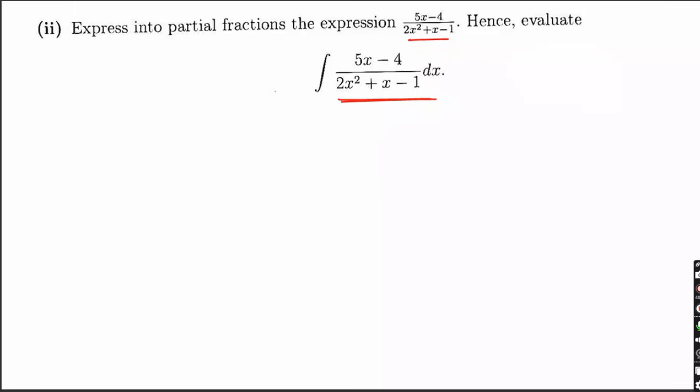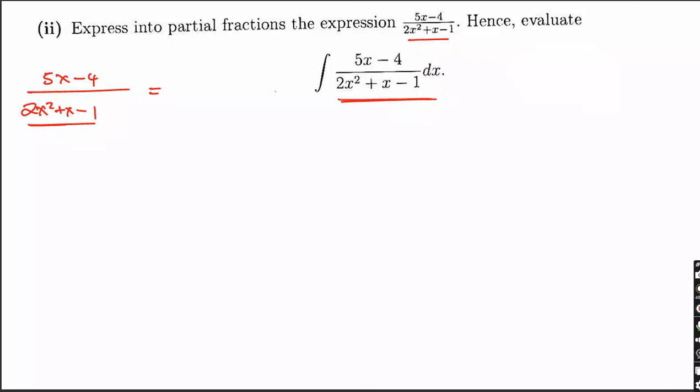We have been given 5x minus 4 over 2x squared plus x minus 1. So the first thing that we need to do here is factorize this.